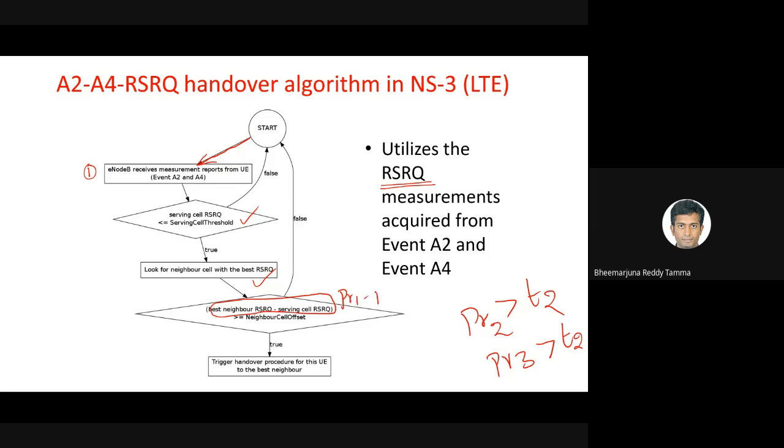PR1 minus PR2, and you check whether it is greater than the offset. If not, then you take PR1 minus PR3. Like that, for each of the neighboring cells, you are checking whether this is satisfied, where you are having an offset. If it is true, then only you do the handover procedure. You are triggering finally the handover procedure.